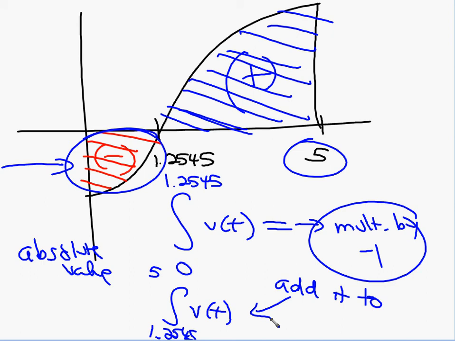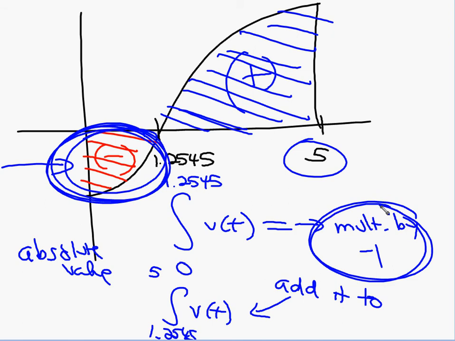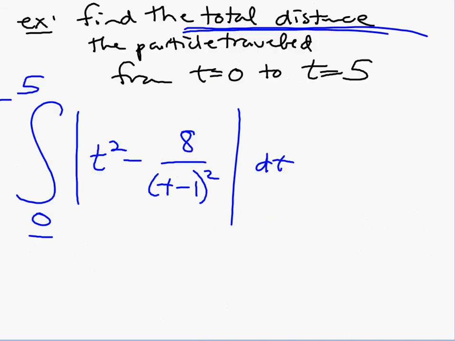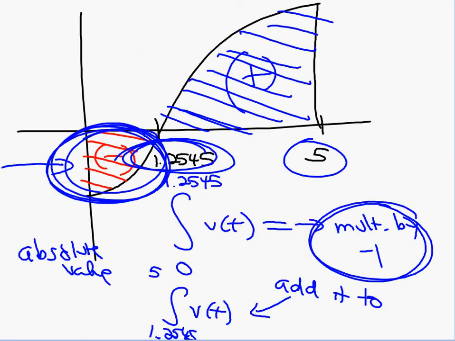All right, so you have to consider what the function looks like, because if it has some negative area, then you have to multiply that area by -1. And we get our limits of integration by finding out where the velocity function is equal to 0. Now, I went through all that because sometimes you may have a graphing calculator, sometimes you may not.